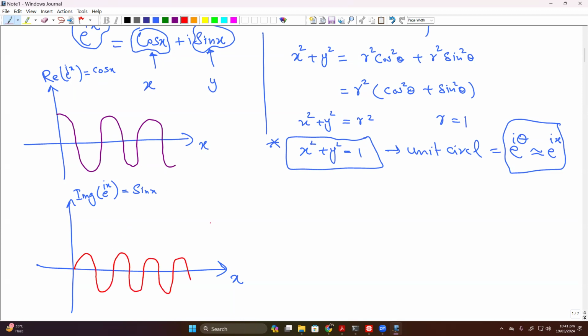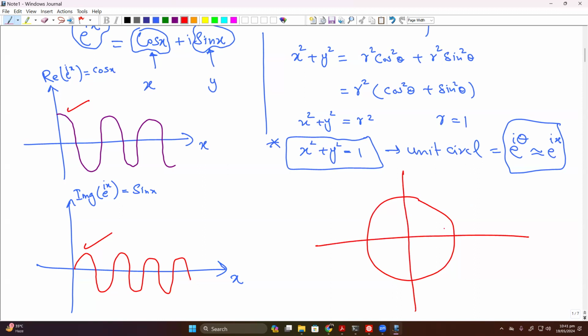As a function of x, if I look at these graphs, along the x-axis I have oscillatory motion. Along the y-axis, I have oscillatory motion. And if we now picture the circle, sorry, this is not a good circle, this is my best attempt at a circle. If we now look at this circle and think about it as a combination of two independent motions, for example, I have a particle and this particle is moving along this circle.